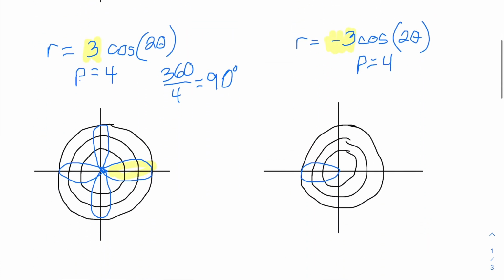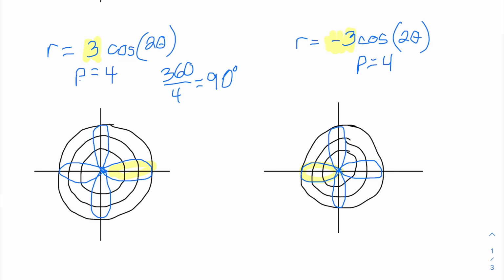But for an even number for n, if you start out to the left here, well, because of the symmetry, it's going to work out that you're actually going to have petals in the same places. They're still 90 degrees apart.